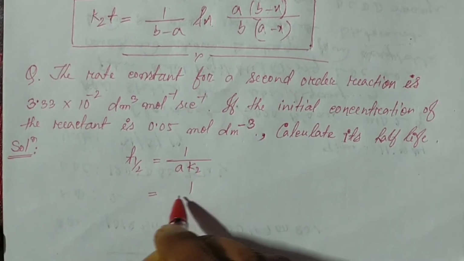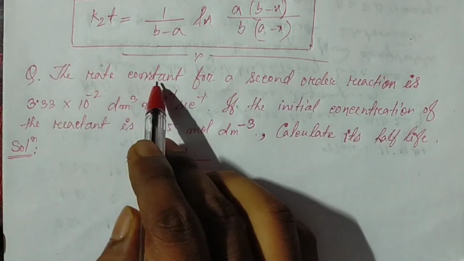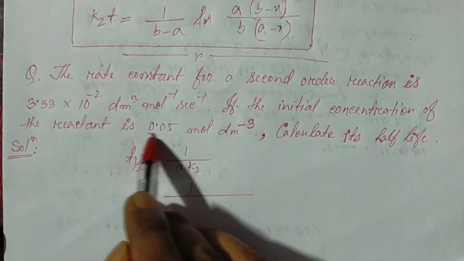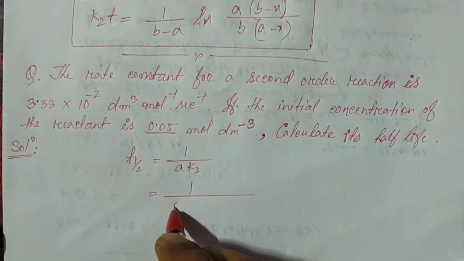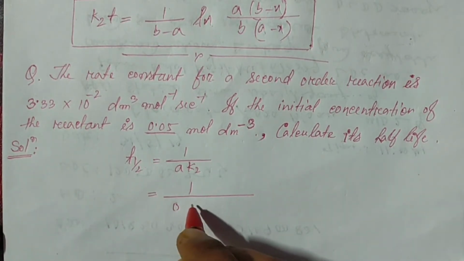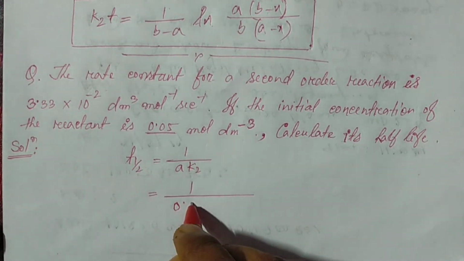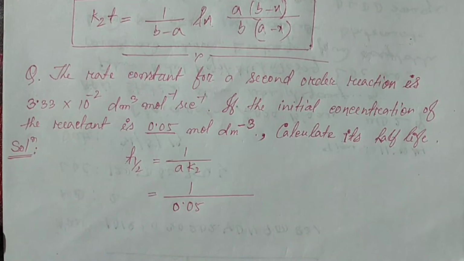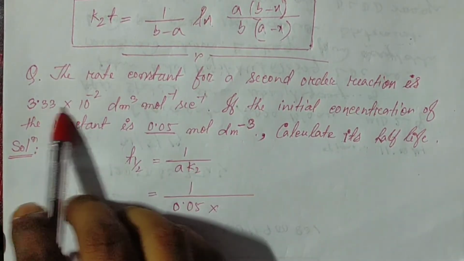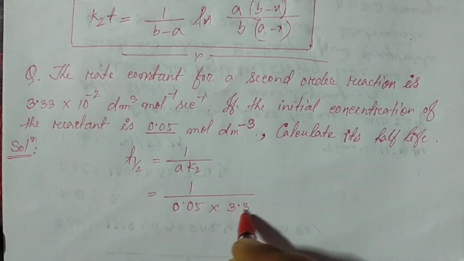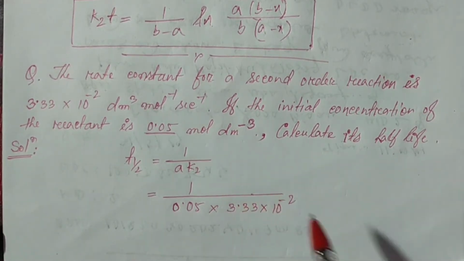Here a is the initial concentration, which is 0.05, and k2 is given as 3.33 × 10^-2.